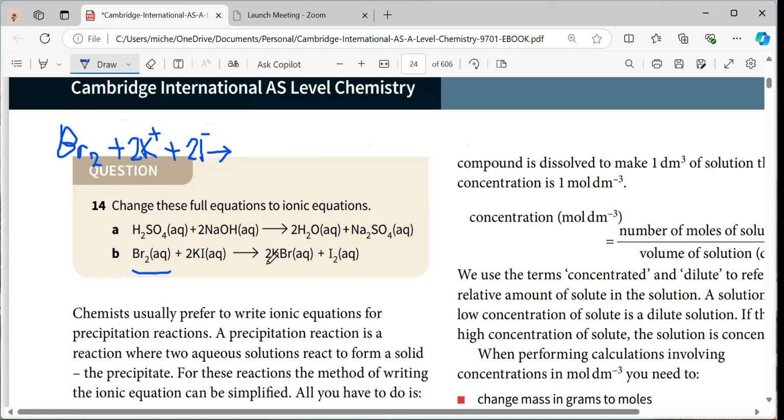Since it has the number 2 right here, indicating that we have 2 of this compound, it has to be 2 for every element inside. So once again, we're going to write this 2 potassium, add the positive charge, and then plus the 2 bromine again.